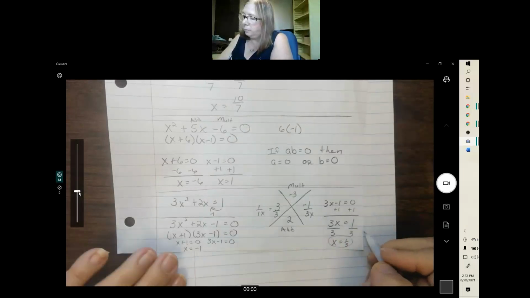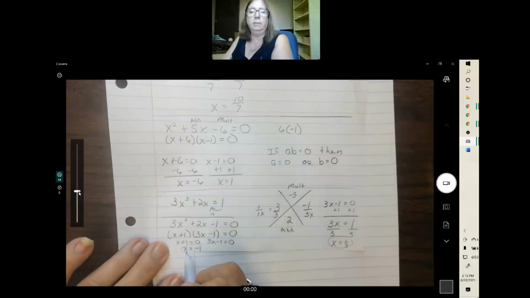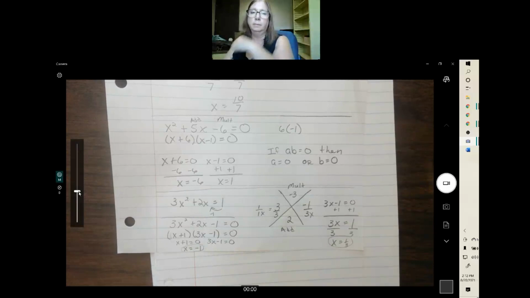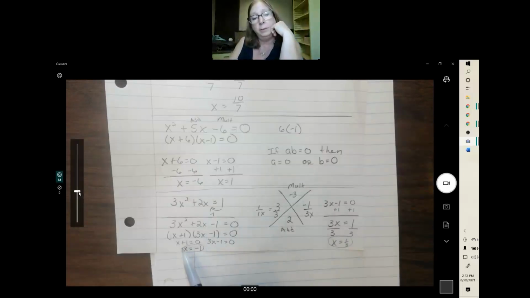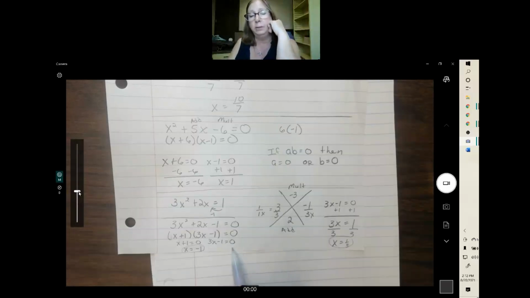So we get 1/3 and negative 1. And if you can go from x plus 1 equals 0 to negative 1 and from this to 1/3, that is fine also. Any questions on that?